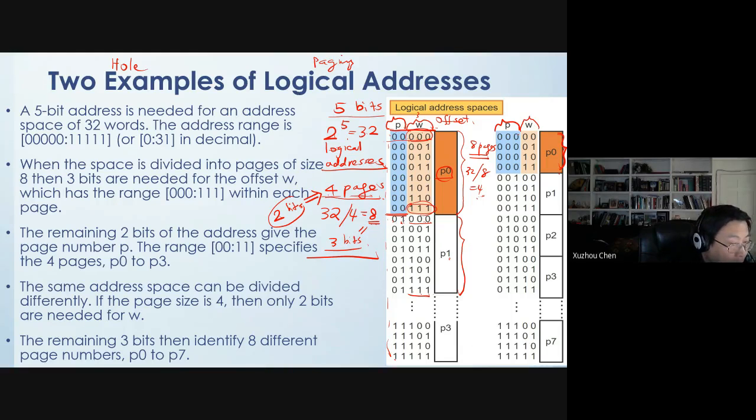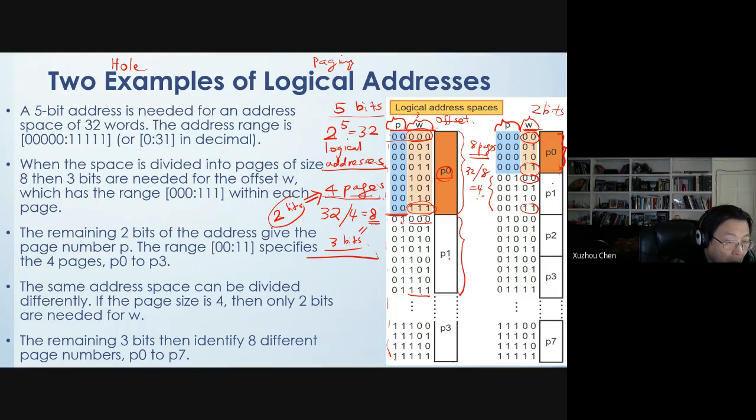So if I use this scheme, then we have a total of 8 pages, and each page has a size of 4. And the offset has 2 bits. The offset starts from 0, 0 to 1, 1. Another page's offset also starts from 0, 0 to 1, 1.